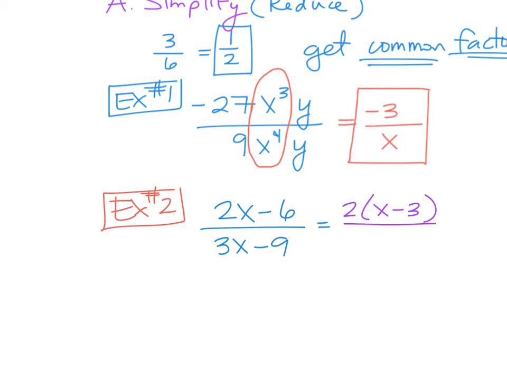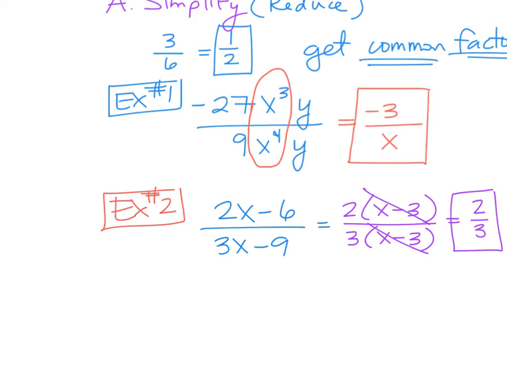And on bottom, take out a 3, and you'd be left with x minus 3, okay? Here's where you can reduce. X minus 3 divided by x minus 3 is what? 1, right? So we just slash those out. They're gone. They equal 1. So our answer here is 2/3.